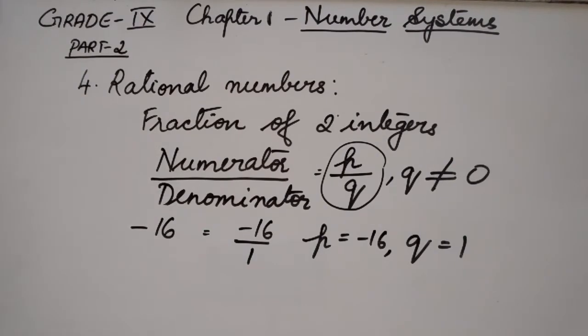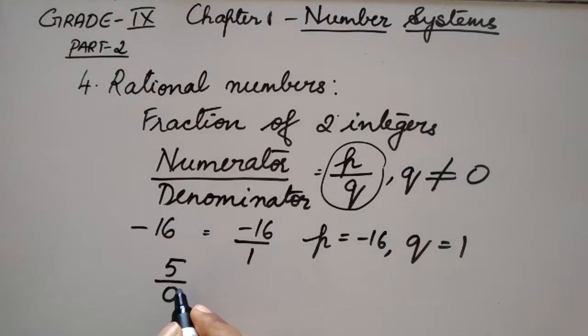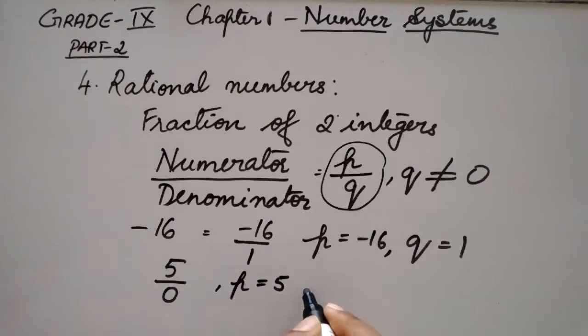Okay, now let us check with one more number, for example, 5 by 0. We cannot divide a number by 0. And what was the condition in rational numbers, students? Q is not equal to 0. But here in the denominator, P is equal to 5, and what about Q?